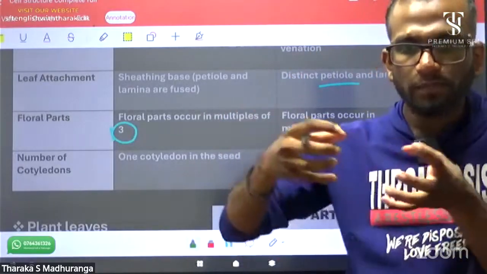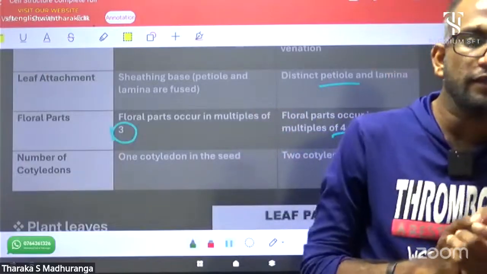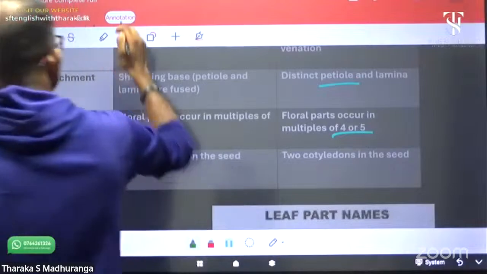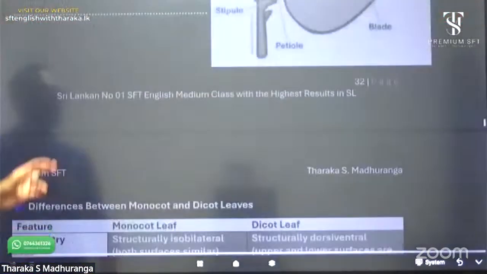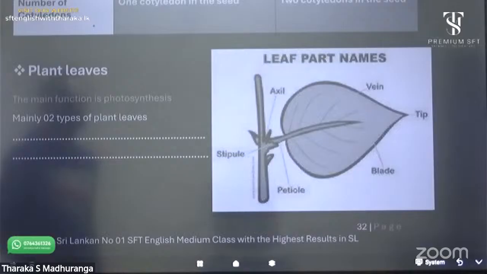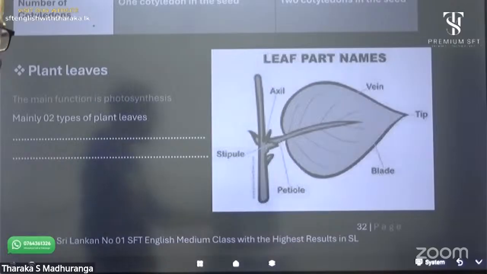If it is two peels, two cotyledons combined together, that is called dicotyledons. Those are the main differences between monocotyledon plants and dicotyledon plants.